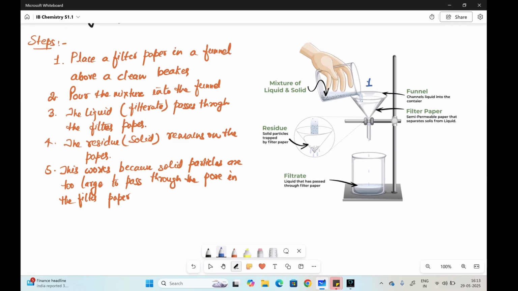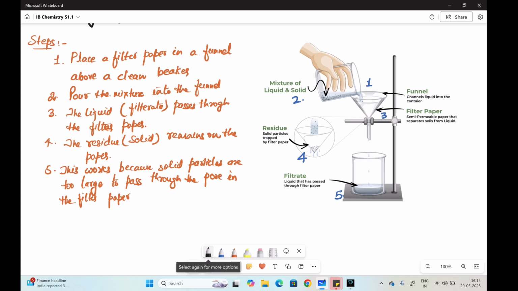Then this is the second step. In the third step, what is happening? It is being poured. In the fourth step, you can see these are the solid particles. And this is the fifth step, where you can see the separation is going according to the size. So it's a very simple and very basic process, and easy to separate all kinds of solid substances. But there are some things which you have to take note of.